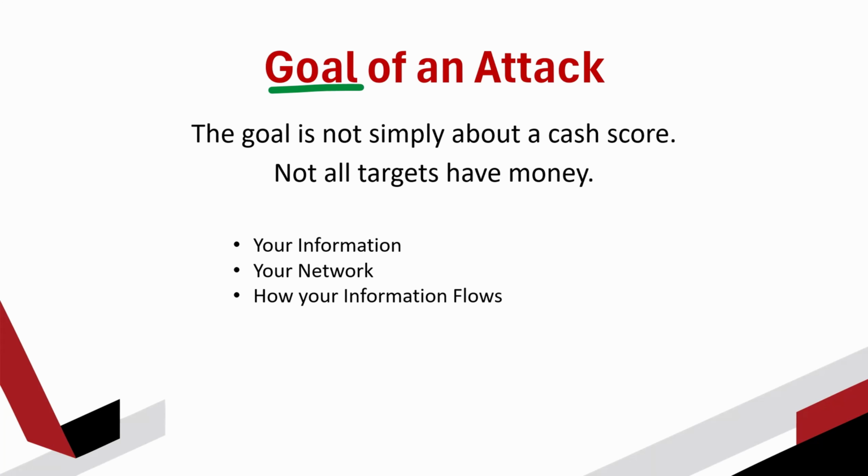Within my family, we communicate with each other in a certain way. If someone knows that they always use this particular chat in this particular way, they can use that understanding of your family communication to get into that family chat and say, okay, that's a target that I need to focus on.